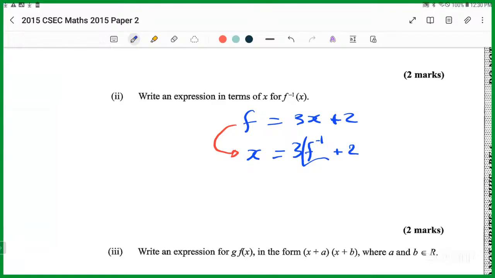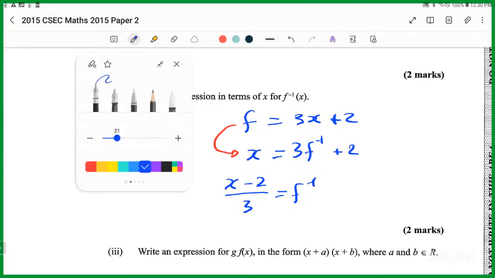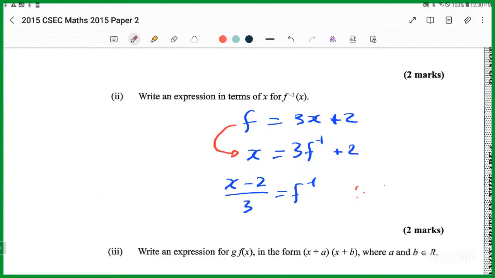Then we need to make this the subject to get the inverse function. So take over the 2 first, it becomes x minus 2, and take the 3 as is, multiplying, and divide it under here. Divided by 3. And that is f to the minus 1. Now that we're done, we can write it. Therefore f to the minus 1 of x is equal to x minus 2 over 3. That is it. Very good?